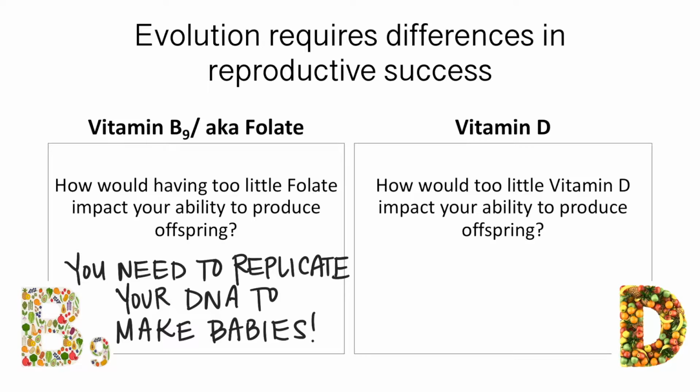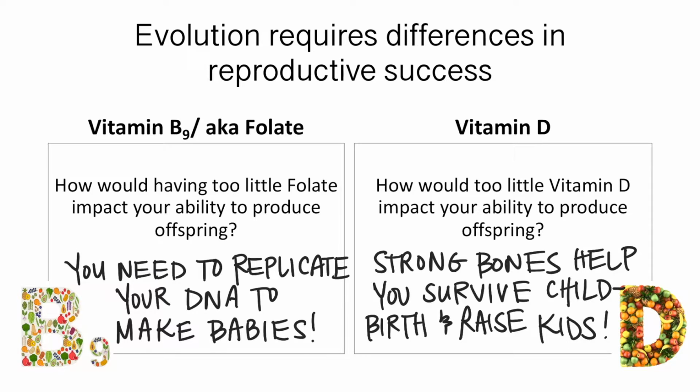So if you didn't have enough folate, this might inhibit you from having children. At the same time, remember, vitamin D, you need plenty of sunlight to synthesize vitamin D. You could imagine that if you did not have enough vitamin D, your bones might be too weak to bear children.